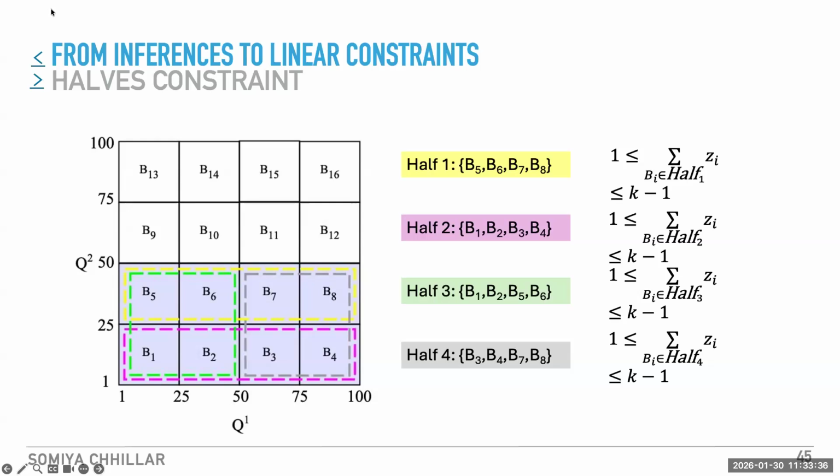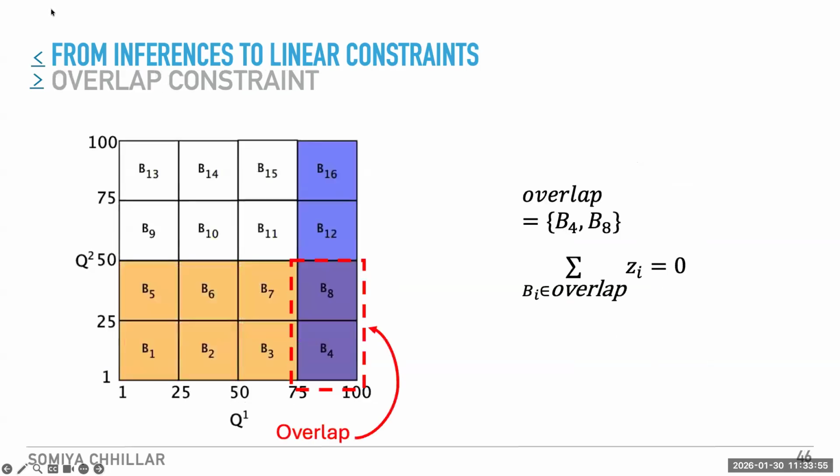So yeah, for half one, we can say the sum of all Zi's for Bi belonging to half one has to be greater than or equal to 1 and less than or equal to k minus 1. And we can do the same for all the halves.